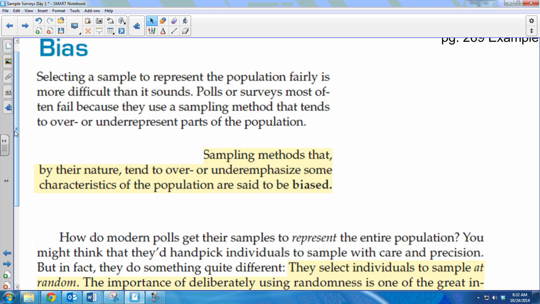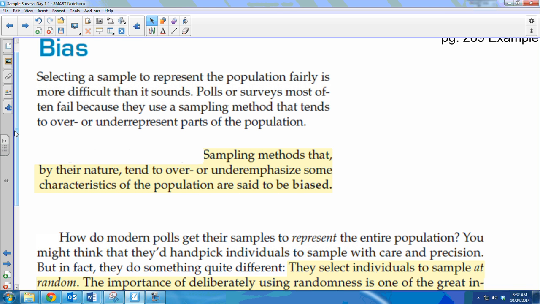One of the biggest problems with a survey is bias. There are multiple forms of bias, and we'll talk about some today and some next week. But bias is going to be the biggest deterrent to getting an accurate, representative sample. It can be biased because you're asking the question weirdly, which is what you normally think of.